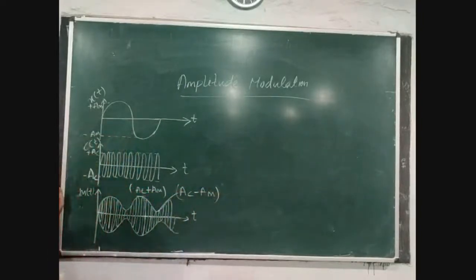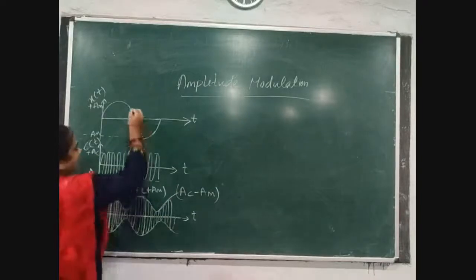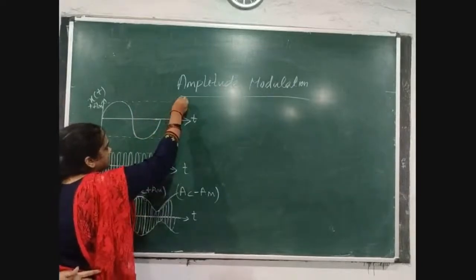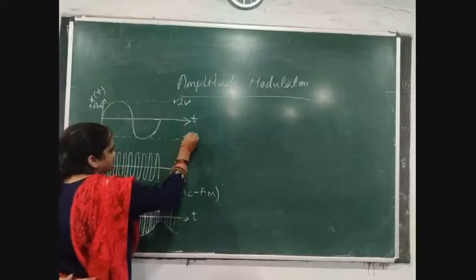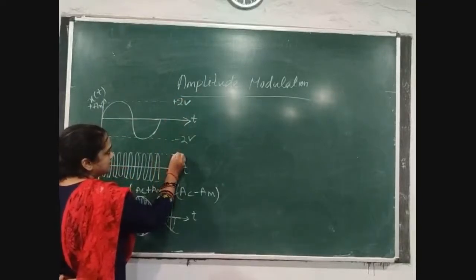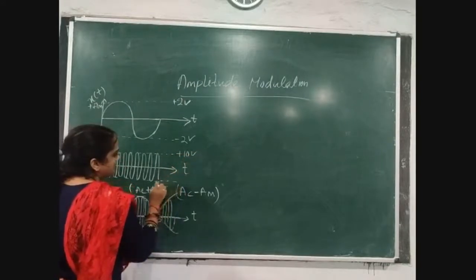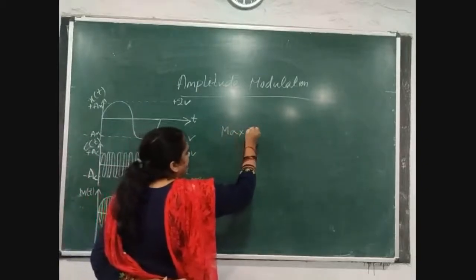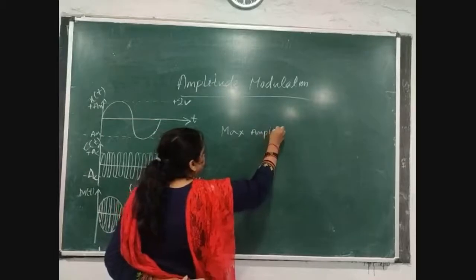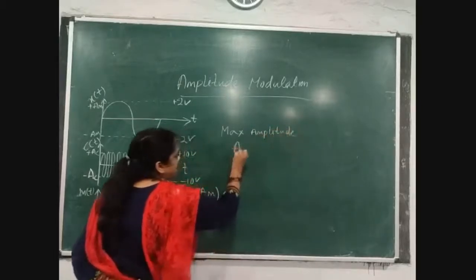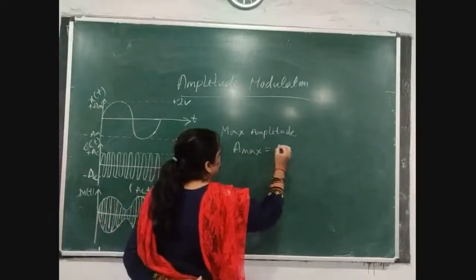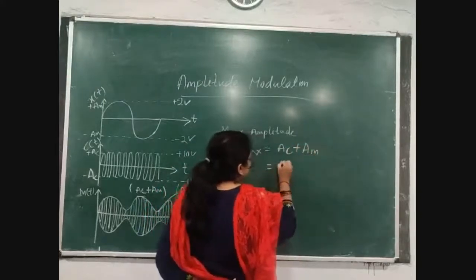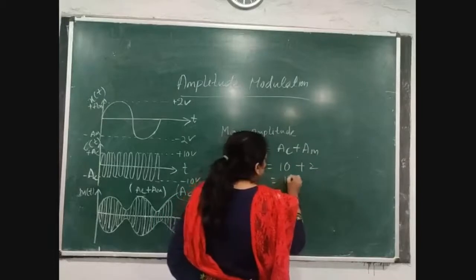The minimum amplitude is the subtraction of the carrier amplitude and the modulating signal amplitude. Let us take an example to understand this clearly. If the amplitude of the modulating signal is plus 2 volt to minus 2 volt and the amplitude of the carrier signal is plus 10 volt to minus 10 volt, then the maximum amplitude, that is A max or V max, equals AC plus AM, that is 10 plus 2, which is 12 volt.